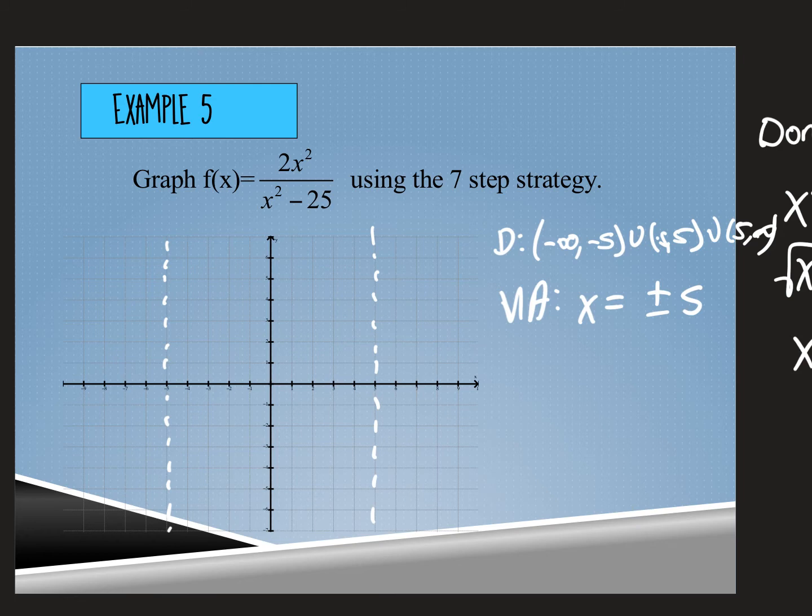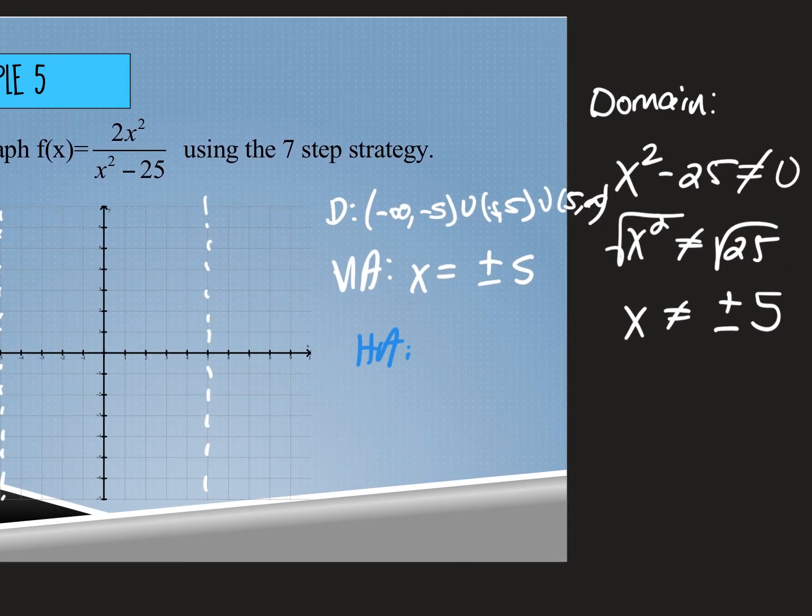Now that we found our domain and our vertical asymptotes, let's find our horizontal asymptotes. Remind me again how we find a horizontal asymptote. Look at your cheat sheet. Compare the numerator to the denominator. So my numerator degree is 2. My denominator degree is 2. 2 equals 2. So when the numerator degree and the denominator degree are the same, what do you do with the leading coefficients?